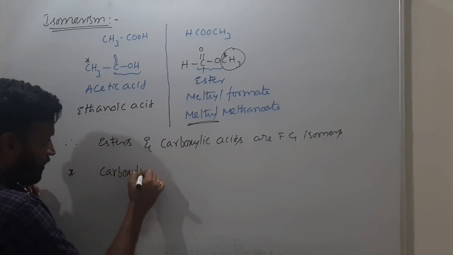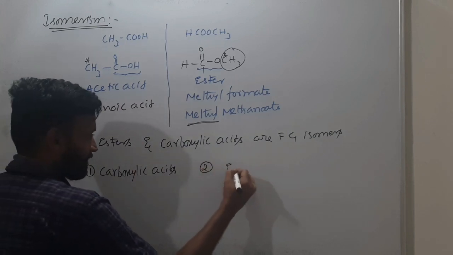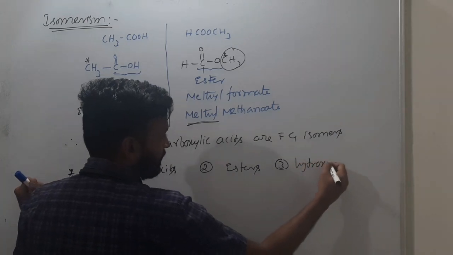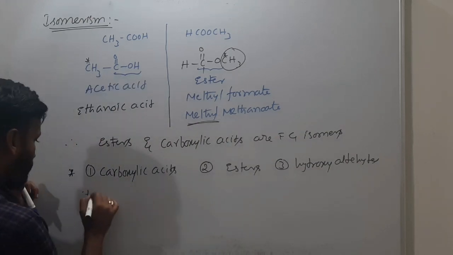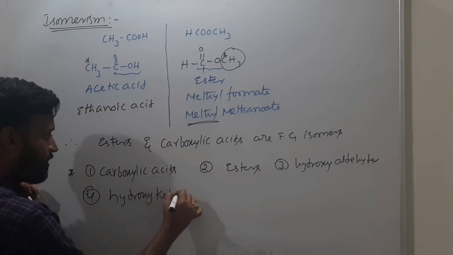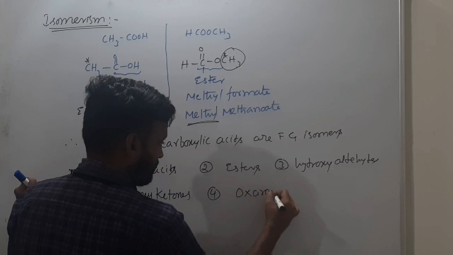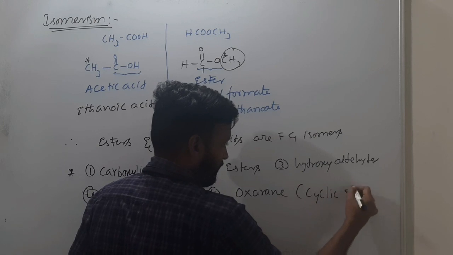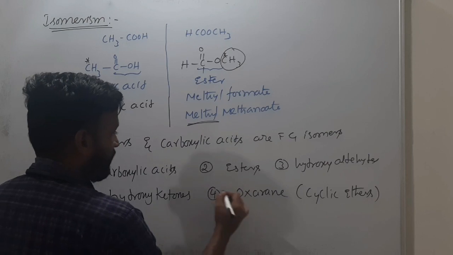In general: carboxylic acids, second esters, third hydroxyaldehydes, fourth hydroxyketones, and oxirins, meaning cyclic ethers, hydroxycyclic ethers.